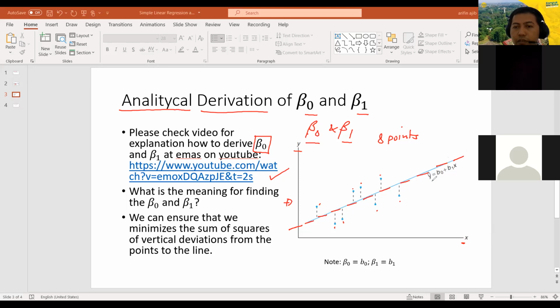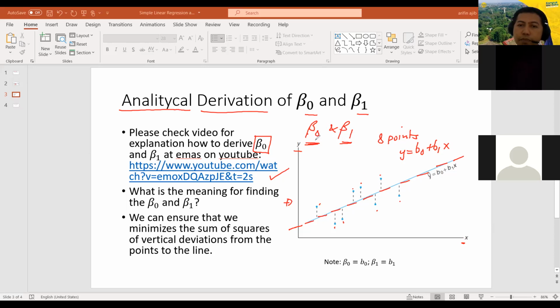In this line, mathematically we can formulate it as y equal to b0 plus b1 x, something like that. Actually, using software we can easily get this. But what is the meaning after we got analytically the b0 and b1?